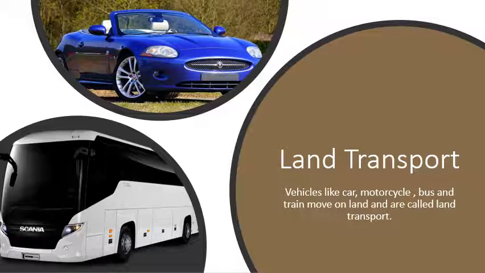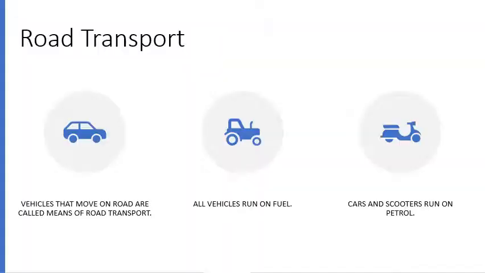Vehicles like car, motorcycle, bus and train move on land and are called land transport. Then in land transport, we have road transport.